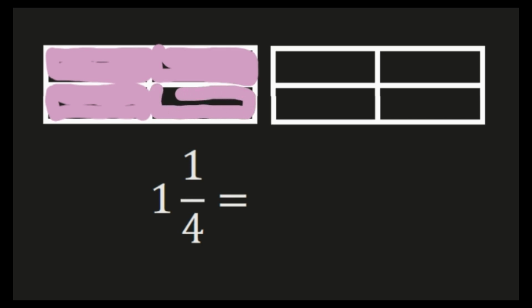And then after that, to look at our improper fraction, we're going to count how many fourths in total we colored in. So I colored in 5/4. You can see I colored in 1, 2, 3, 4/4 in the first whole, and then 1/4 in the second whole. That makes 5/4 total. So 1 1/4 as an improper fraction is 5/4.